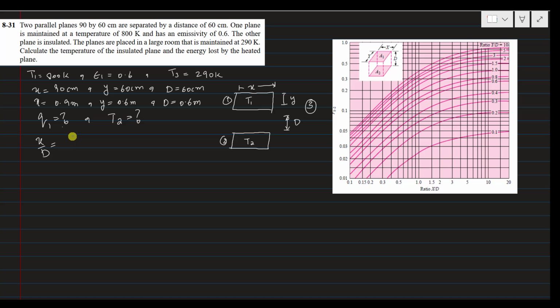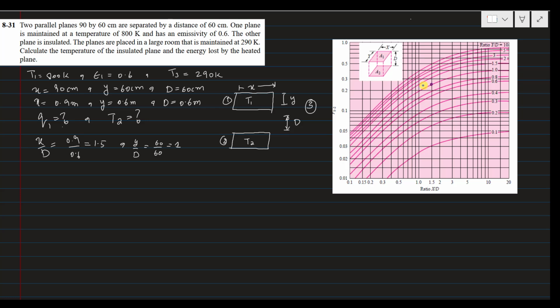So first we will find the x by d ratio. What is x? That is 0.9 divided by 0.6, which is 1.5, and the y by d ratio is 60 divided by 60, so you will get 1. So our point is 1.5. Now move forward and see where it coincides with the y by d ratio curve, which is 1, so here we get the point.